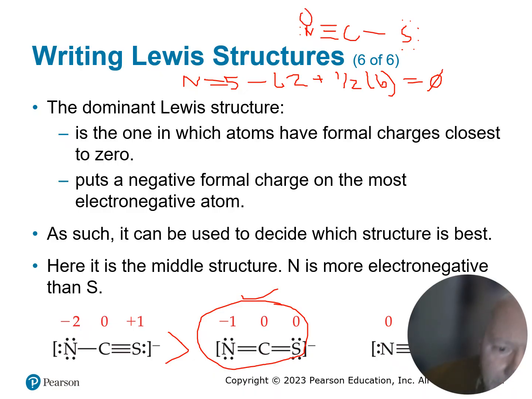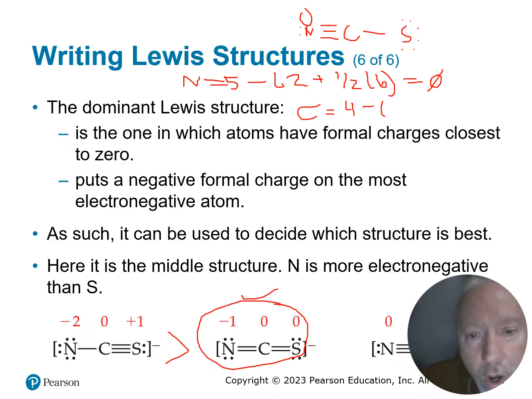Carbon is going to be 0, and maybe you don't see it, but let me show you. Carbon will end up being 0. It'll be sulfur that determines this structure, which is partially blocked by my small head. Carbon has 4 valence electrons, but now we have to subtract the electrons that belong to carbon in the atom plus half of the bonded electrons.